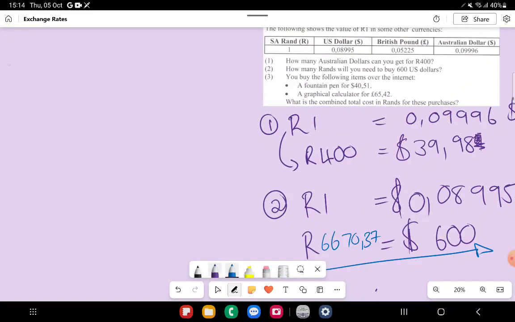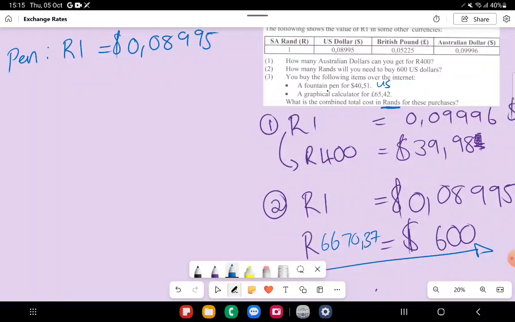So we know 1 rand is equal to 0.08995. And we want to have the amounts in rand. Let's assume it's US dollars because they're not telling us if it's US or Australian.